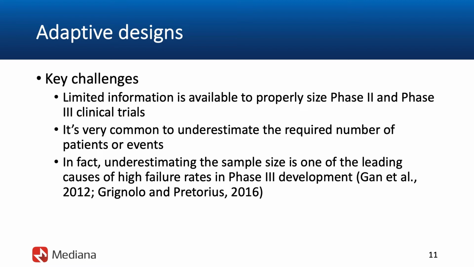And by that I mean incorrectly computing the required number of patients or required number of events if it happens to be an event driven trial, for example, a survival trial.